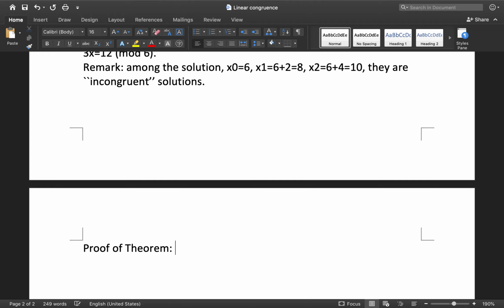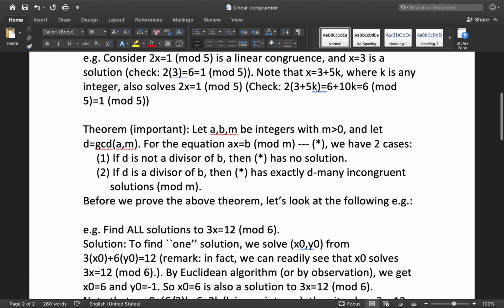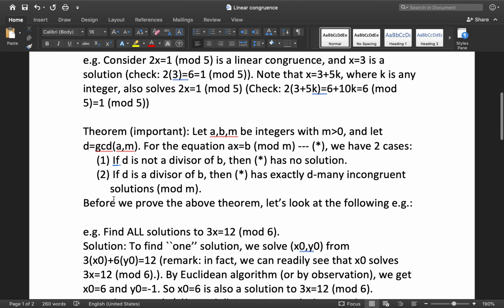Now again, remember we let D be the GCD of A and M, and we are studying the problem ax congruent to b modulo m. If you check the theorem, there are two parts.